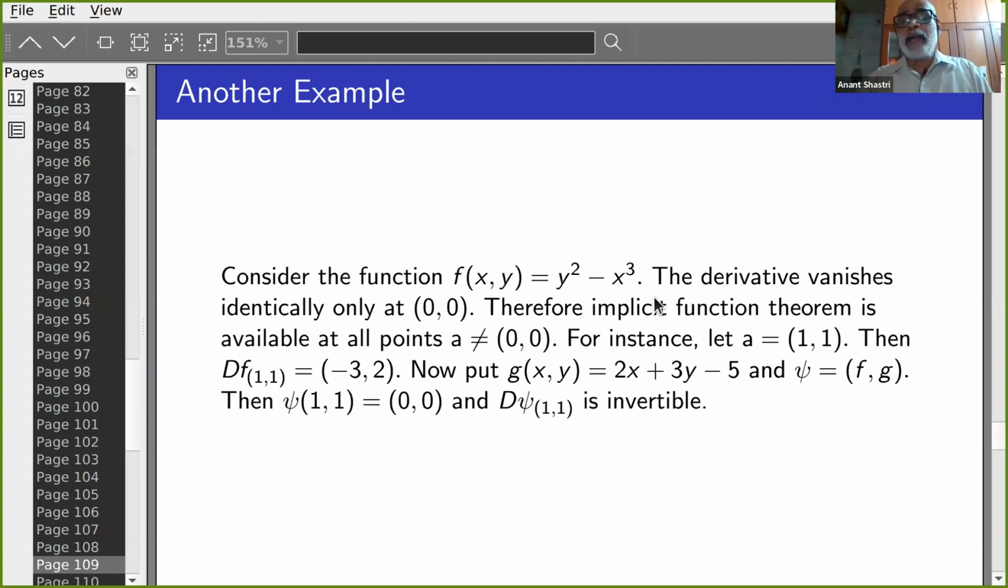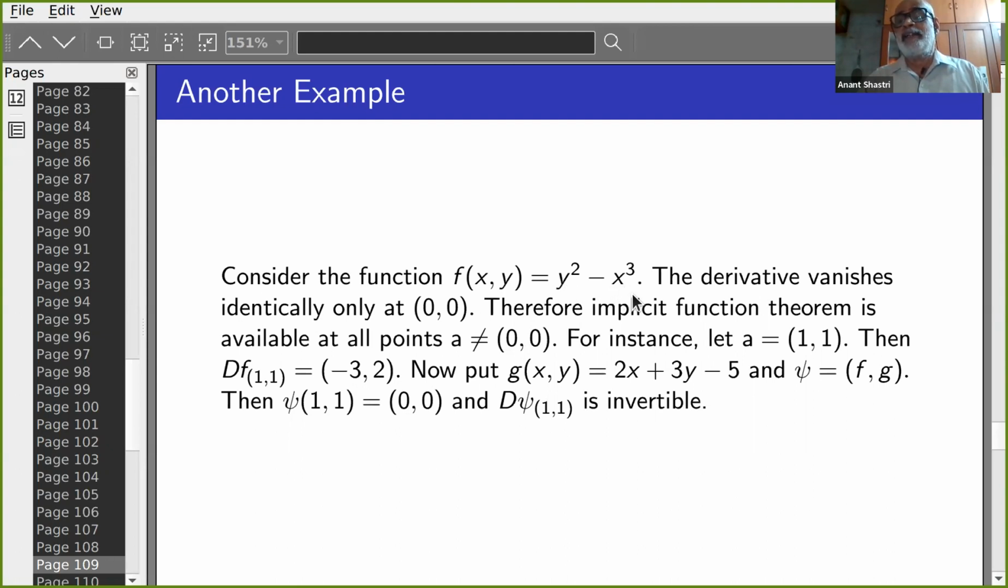(0, 0) is a bad point. Why? The derivative vanishes at 0. Therefore, the implicit function theorem is available at all points a not equal to (0, 0). What is the derivative?